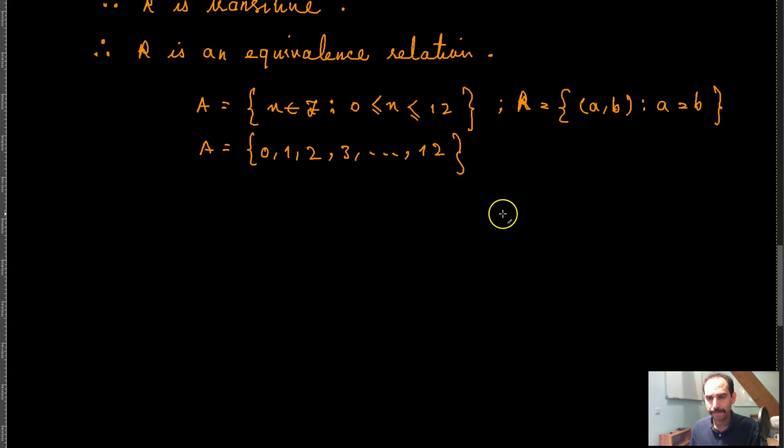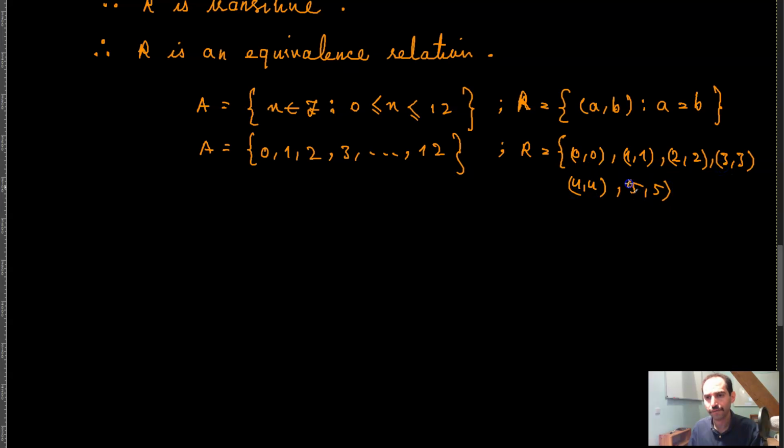So you can write this set R as 0 comma 0, 1 comma 1, 2 comma 2, 3 comma 3, 4 comma 4, 5 comma 5, 6 comma 6, all the way up to 12 comma 12.